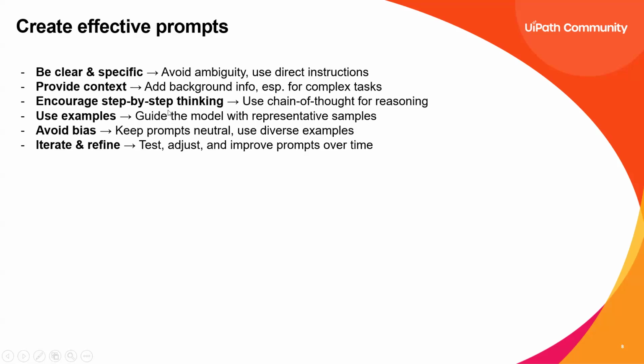And next, it's always better to use step-by-step thinking, which is chain of thought for reasoning. I'll show you a few examples in UiPath agent. In our example today, we will have document summarization. You read the document and then summarize it based on your needs.